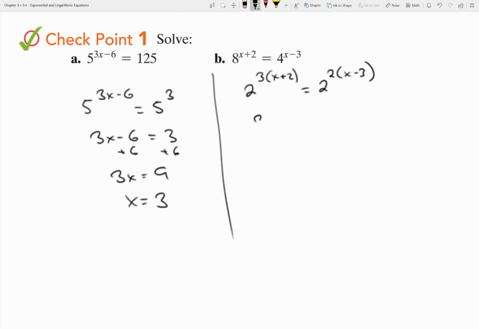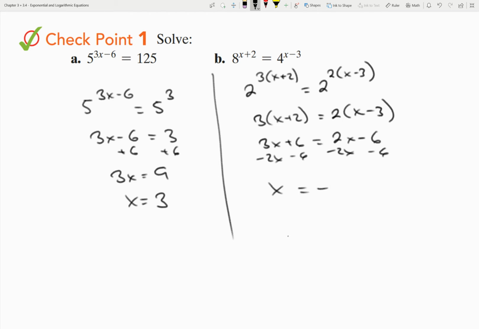So this turns into 3 times x plus 2 is equal to 2 times x minus 3. 3x plus 6, 2x minus 6. I'm going to collect the x's first, and we get negative 12.